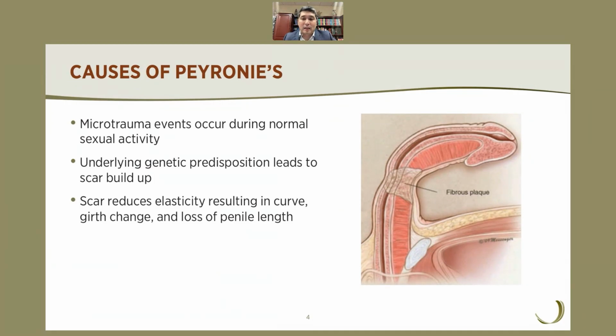Our body recovers by forming scar tissue over those tears, and then over time, that scar tissue remodels or flattens out. In patients who develop Peyronie's disease, there's usually an underlying genetic predisposition that leads to more aggressive scar tissue formation, and then that scar tissue does not remodel or flatten out.